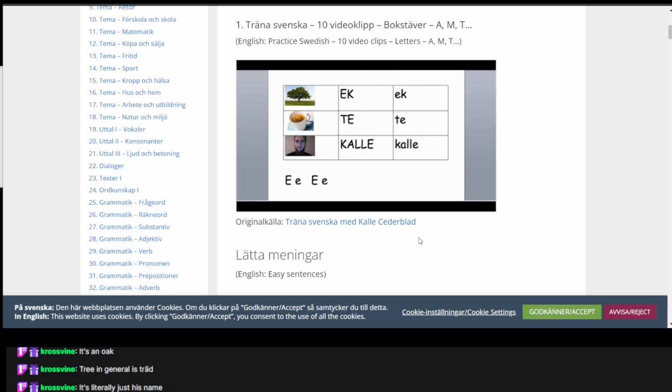Vi läser en gång till. Ek. Eek. T. T. Kalle. Kalle. Ek. Eek. T. T. Kalle. Kalle.